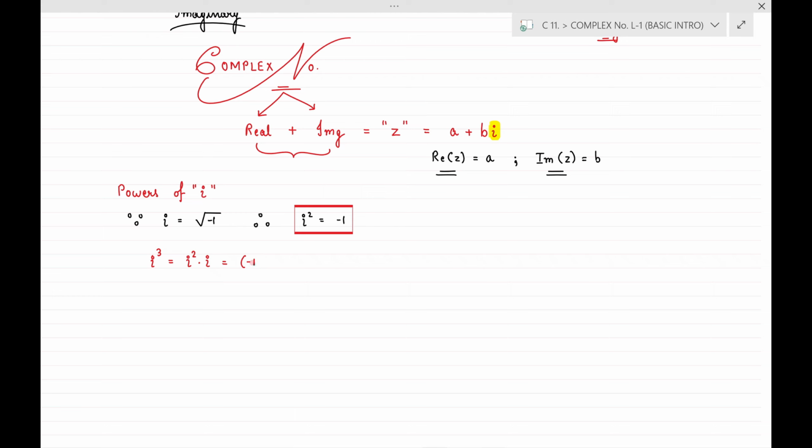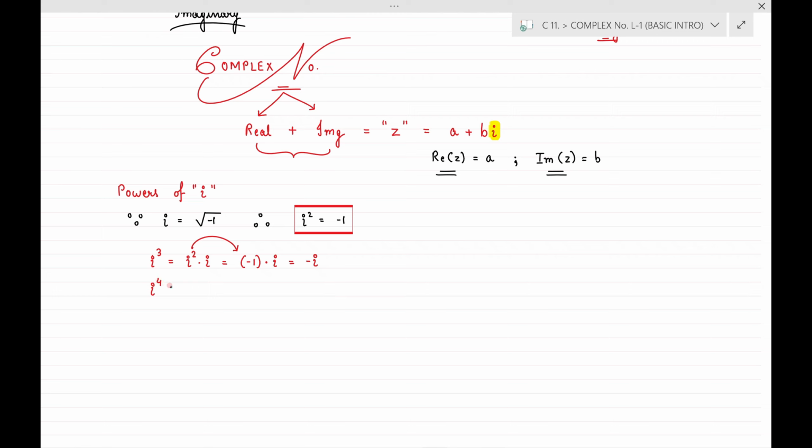This means minus 1 into iota. As you know, iota square is minus 1. So I have substituted the value of iota square as minus 1 there. So the result is minus iota.